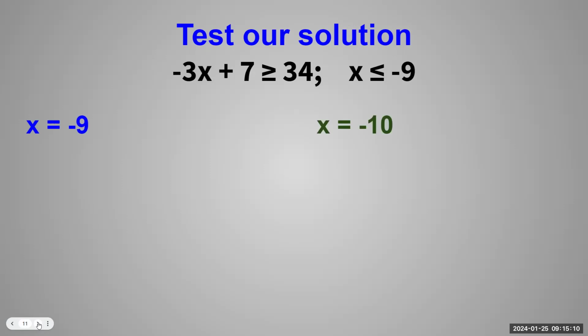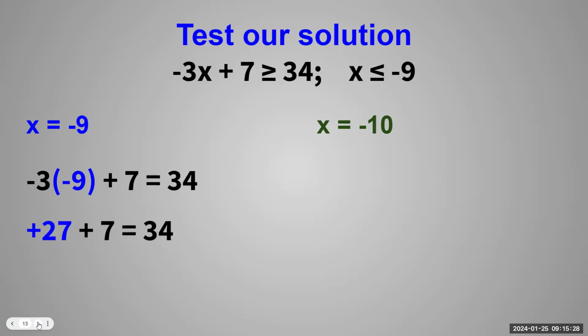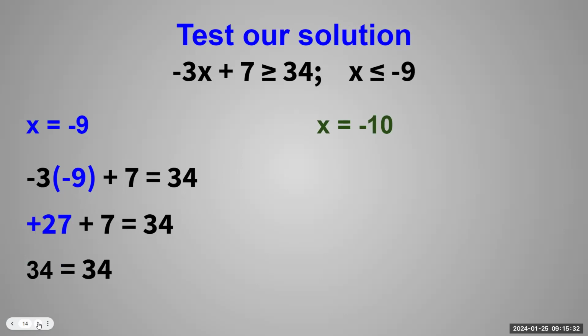Now, looking at the left-hand side in blue first, we are going to substitute x with negative 9 in that inequality, except we're going to replace that inequality sign with an equal sign because we're ensuring that x must be equal to negative 9. So a negative 3 times a negative 9 will give us a positive 27. Add 7 to that, we get 34 is equal to 34, and we know that's a true statement.